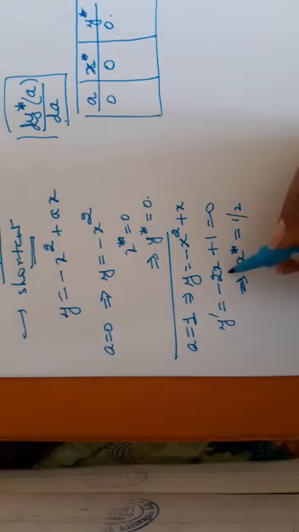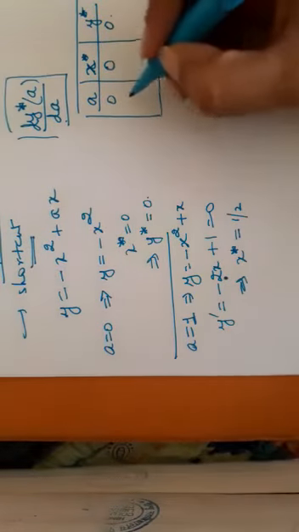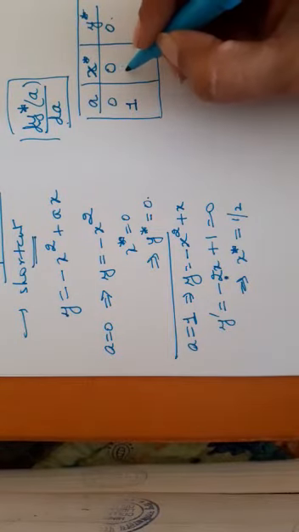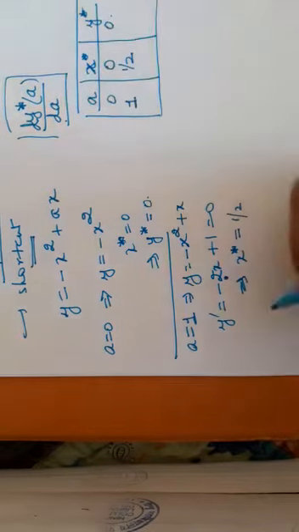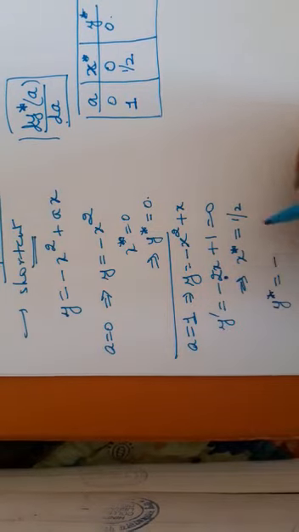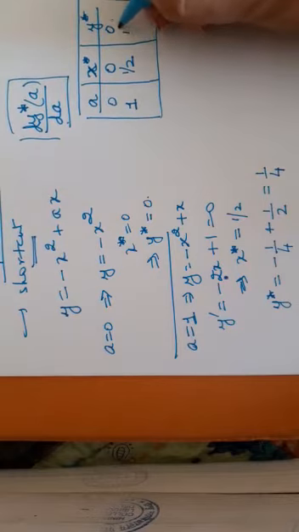If I take the second order derivative, you can see that this is going to be a max because the second order derivative is minus 2. So I have a max at x star equal to half. So when a is 1, I get x star equal to half as the optimum point, and at this point my optimal value is going to be minus x star squared plus x star, so minus 1/4 plus half, and that's going to be 1 by 4. So my optimal value is 1/4.